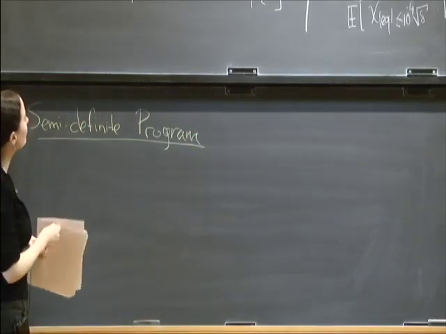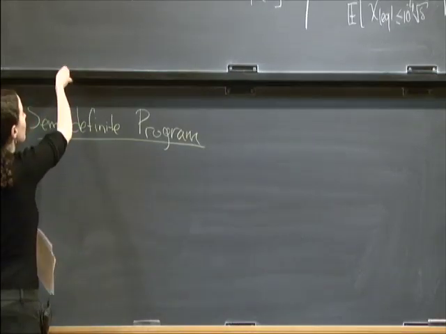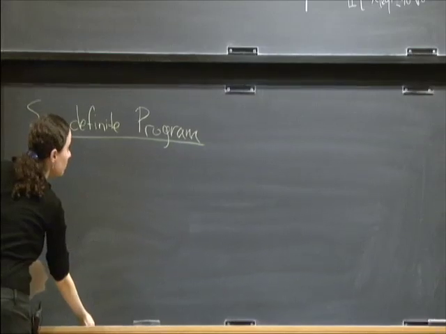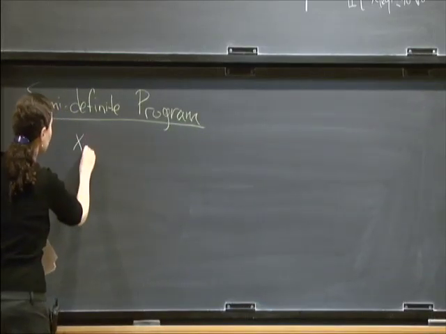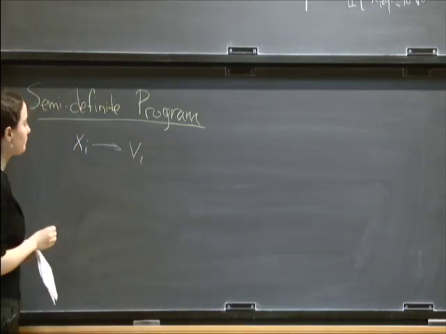So there is a very natural semi-definite program that just comes from taking each variable xi and replacing it with a vector vi.